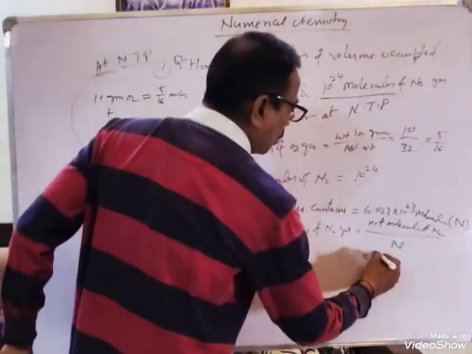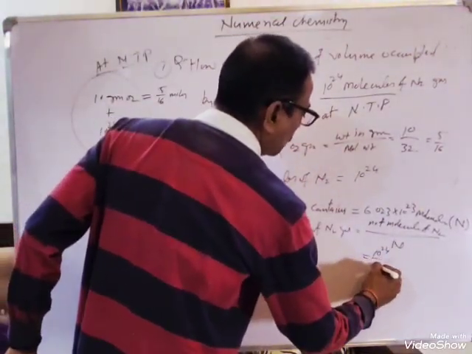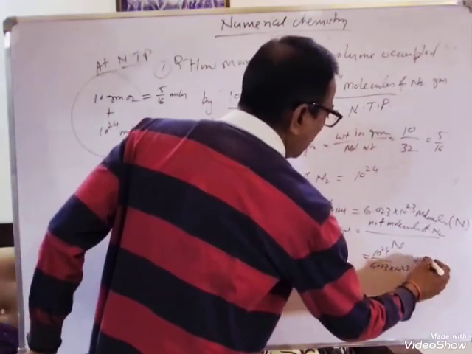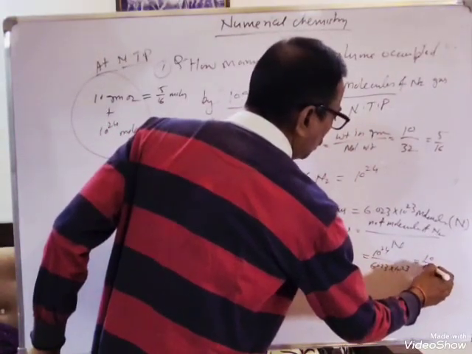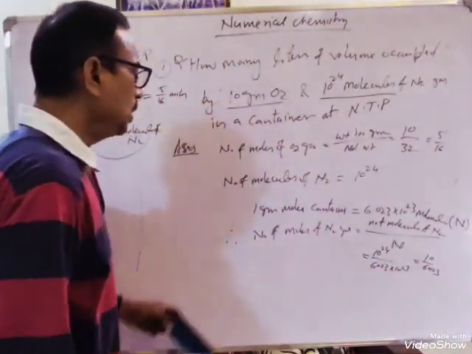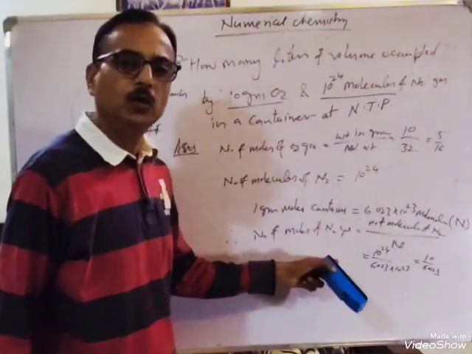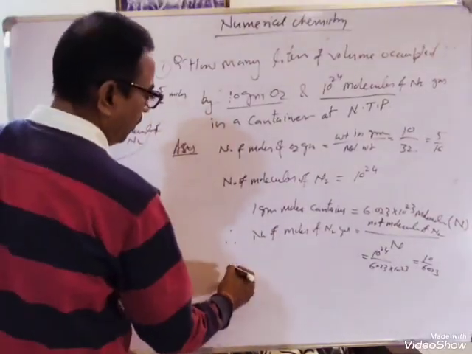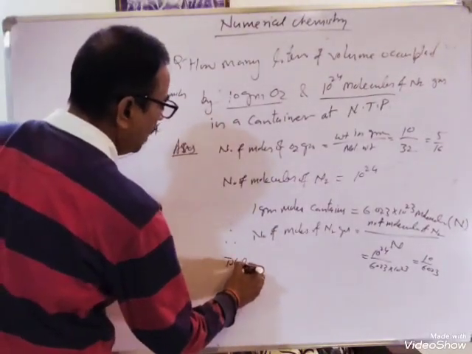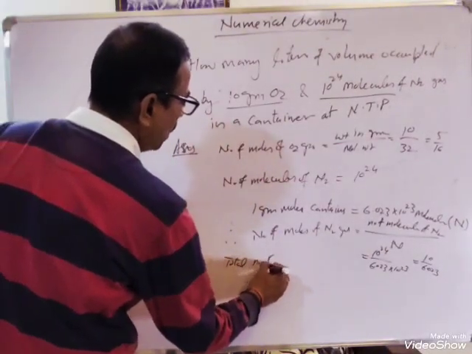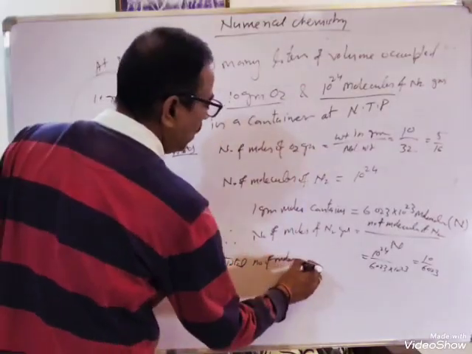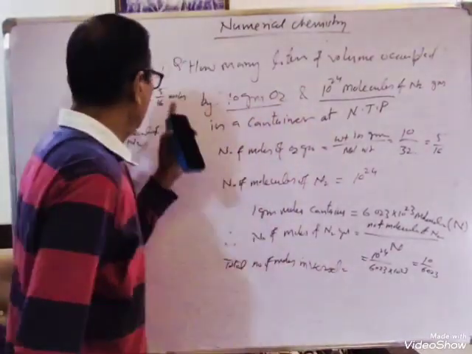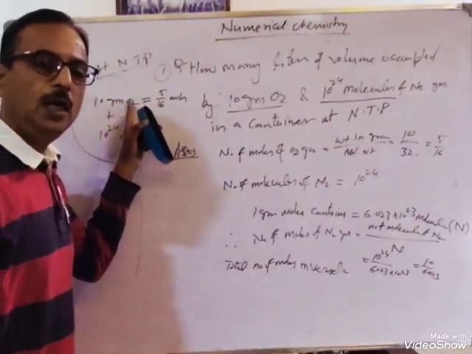So 10 की power 24 divided by 6.023 into 10 की power 23, so it will be 10 by 6.023. So this is the number of gram moles of nitrogen. Now you find out the total number of moles in the vessel, of the two gases, nitrogen and oxygen.